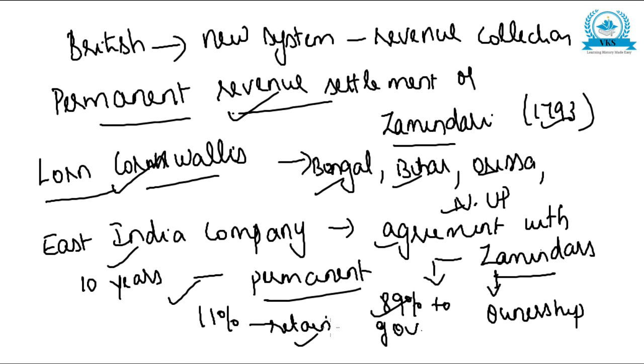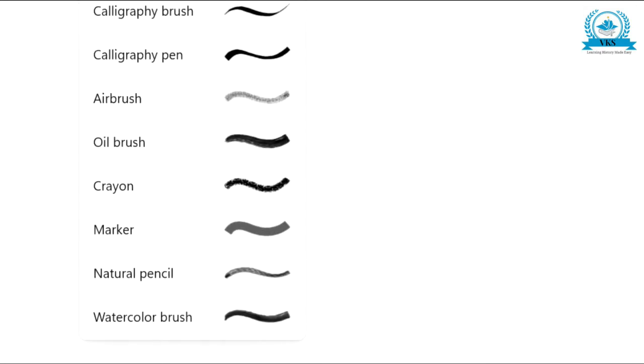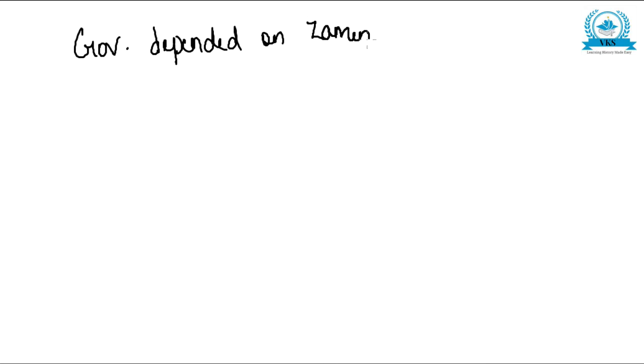This system brought regular income to the government. So that was the agreement made between the East India Company and the Zamindars. And under this system, the government totally depended on the Zamindars for the collection of revenue.